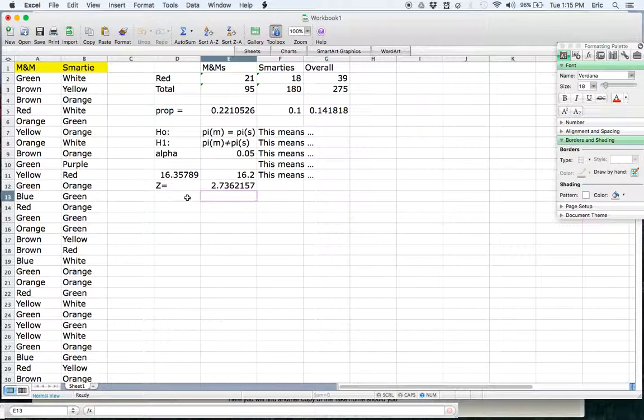Now we need to calculate a p-value. So I'll be using the norm distribution on this particular value. Of course, if I do that, that just gives me a one-sided test. And I know this is a two-sided test, so I actually have to double that value.